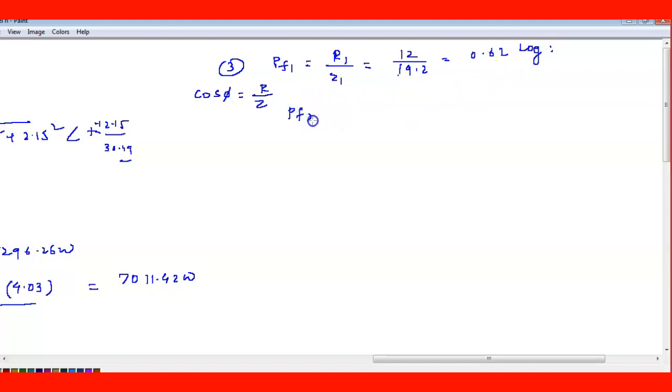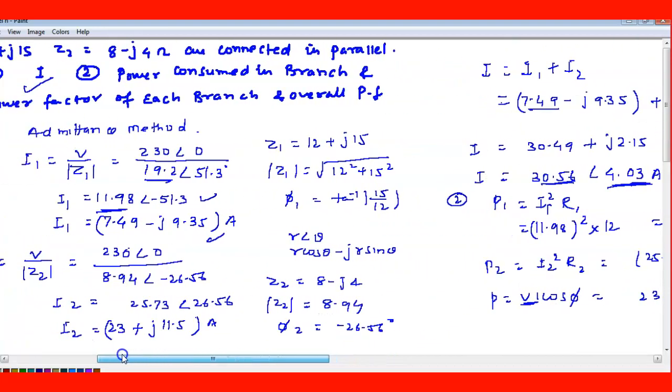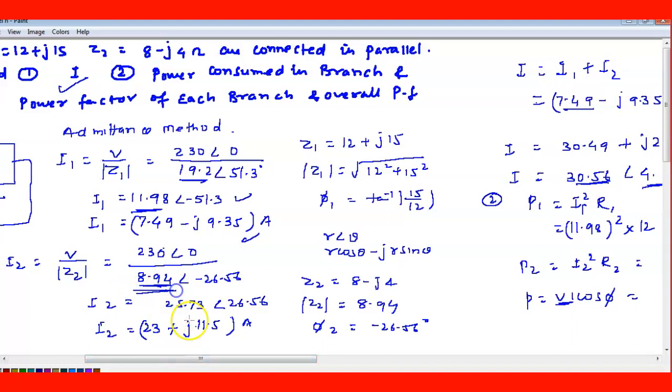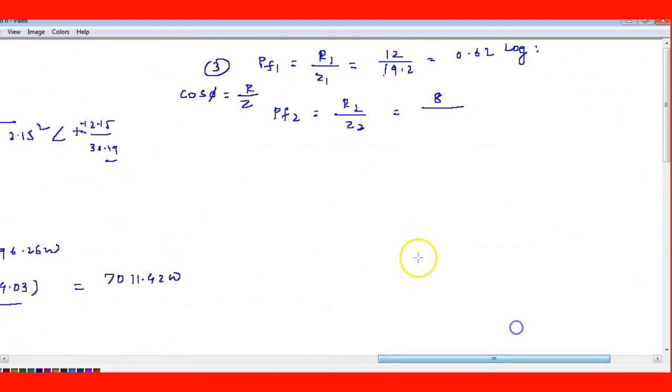Power factor in the second, you can write R2 by Z2. R2 we got is 8, and Z2 is equal to how much? 8.94. So 8 upon 8.94, we can find it here. How much? 0.895.